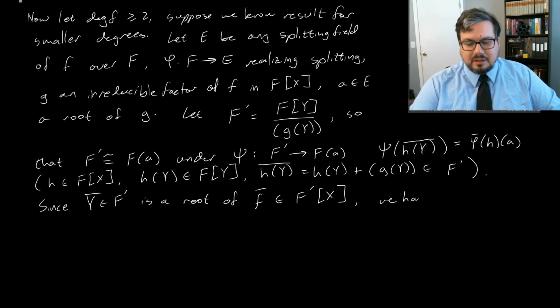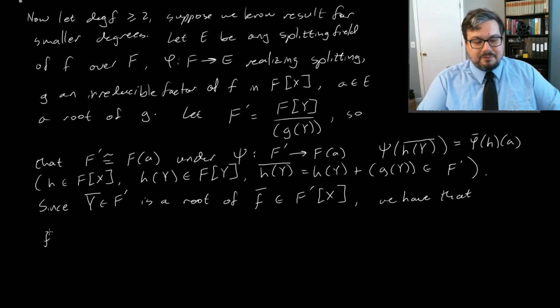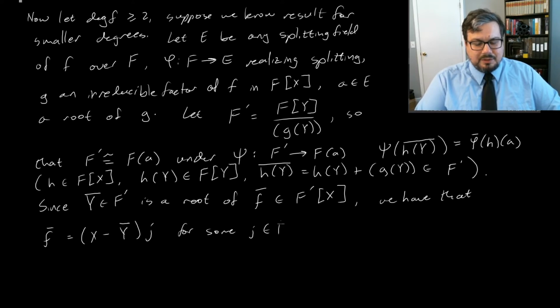We have that f bar is equal to x minus y bar times j, for some j belonging to F prime adjoin x.